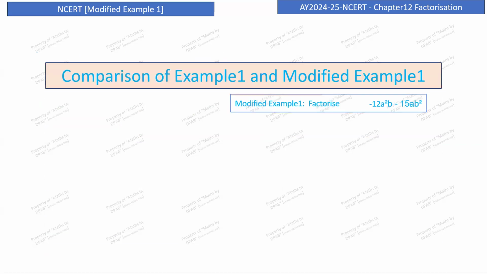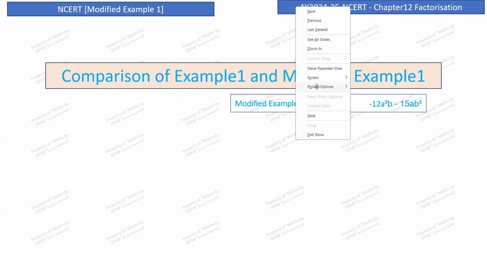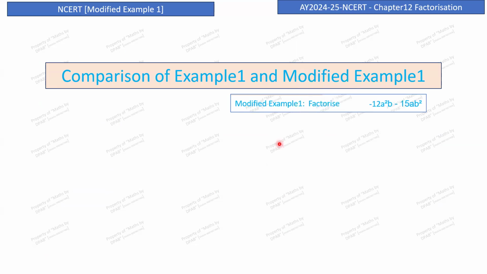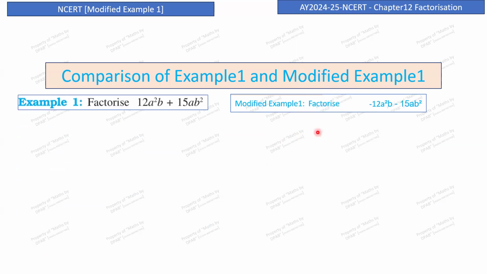Okay, now we are going to compare how example 1 and modified example 1 are brought here. Modified example factorization, just now we discussed, is minus 12 A square B minus 15 AB square, and originally example 1 was 12 A square B plus 15 AB square. The factors we just found here are minus 3AB and 4A plus 5B.